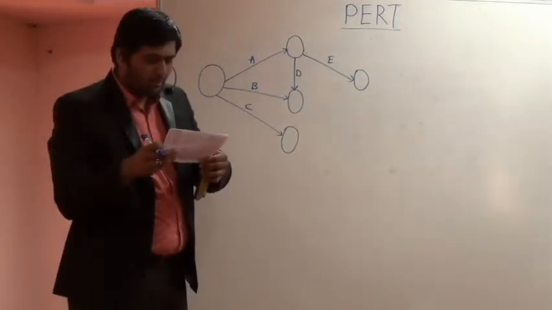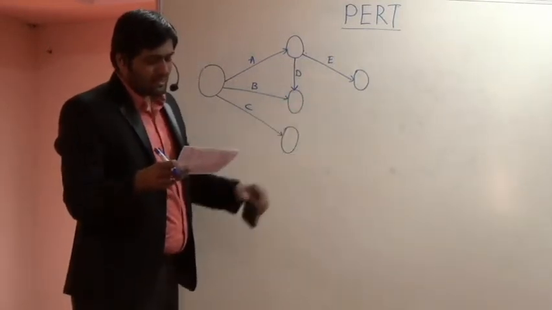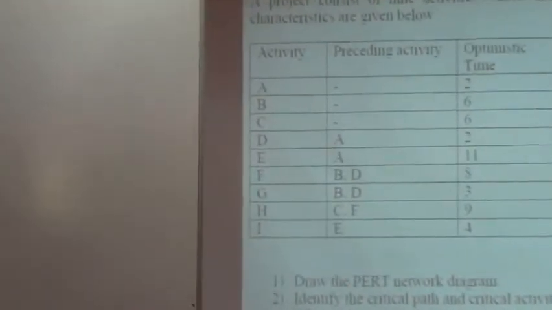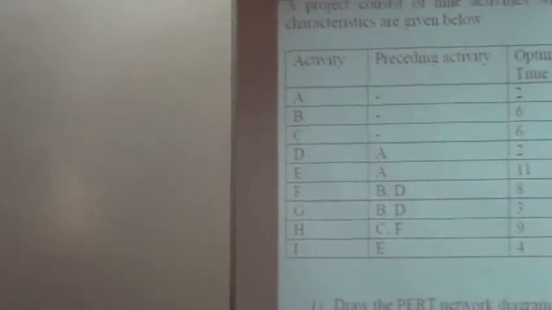Right? Now, from the place where B and D are together, we are having 2 activities, that is F and G. But if you see the precedence column, you require F to be merged with activity C. So we will not make a mistake again.